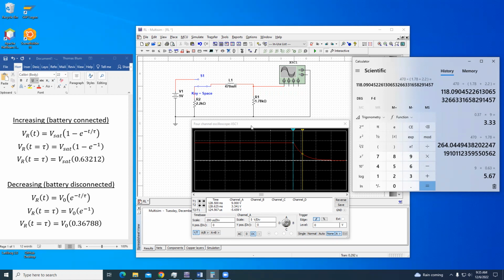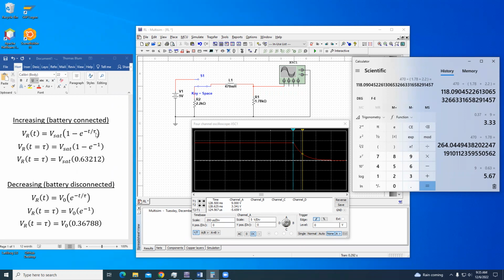So that's what I wanted to show you, this circuit. Here is the math of it. When the battery is connected, the current across the resistor is increasing, and therefore its voltage is increasing. The time constant is not the time for it to fully reach its saturation, but to get up to 63%. That's just the math of it.